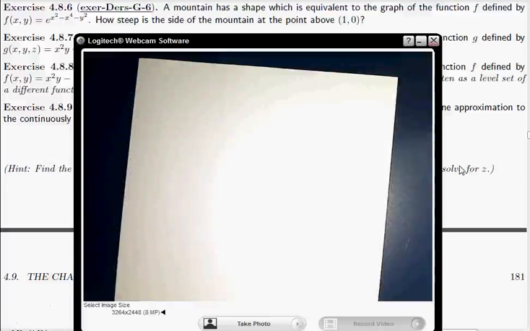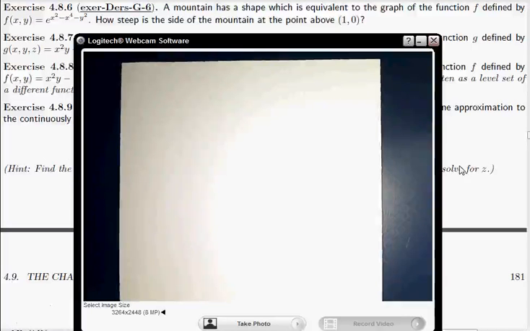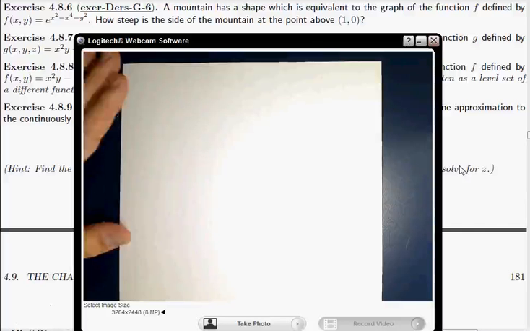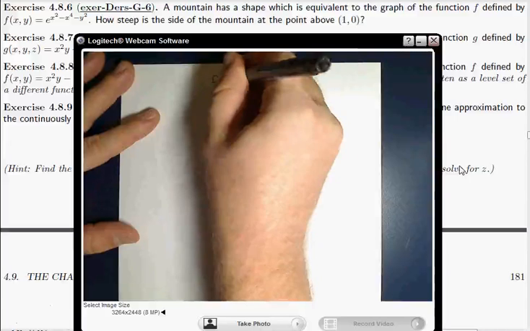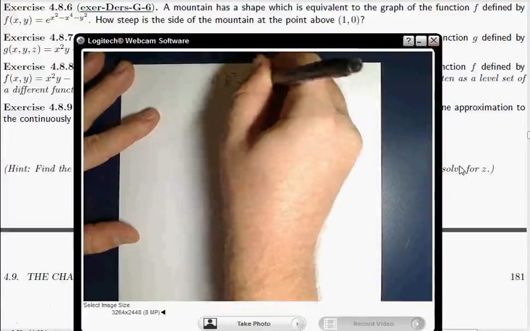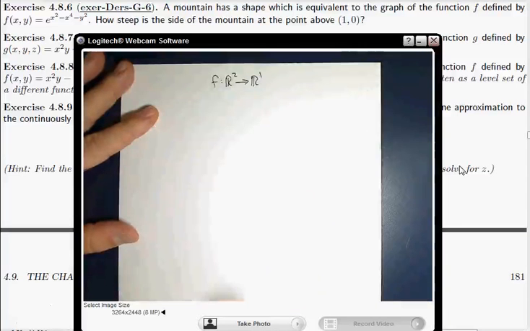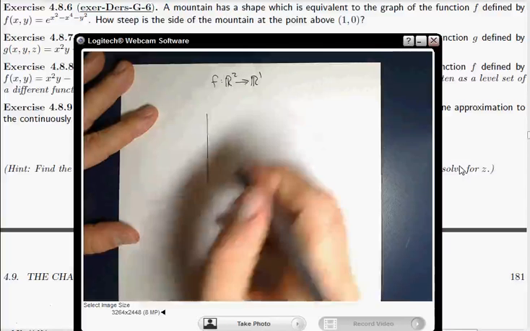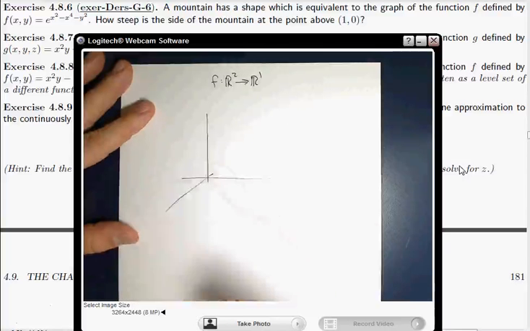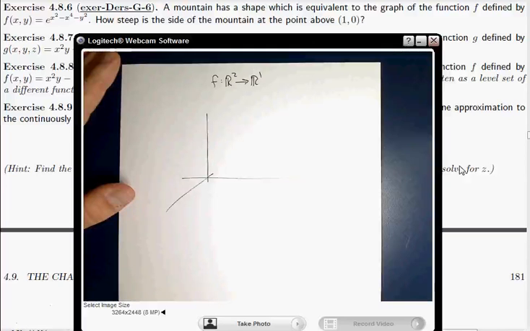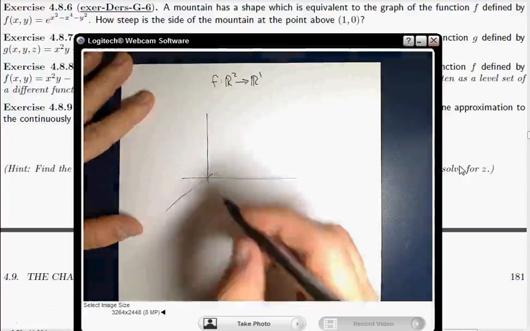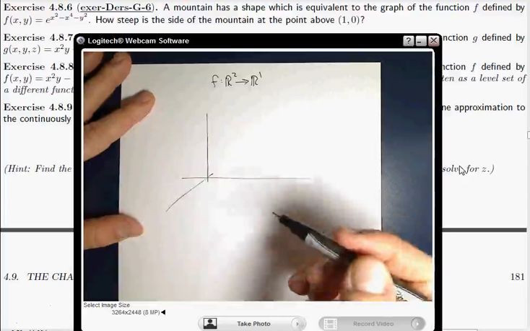Okay, G6. This problem makes the observation that if you're looking at a graph of some function, let me draw the graph of a function from R2 to R1. If you want to draw a graph of a function like this, it's going to be some surface.